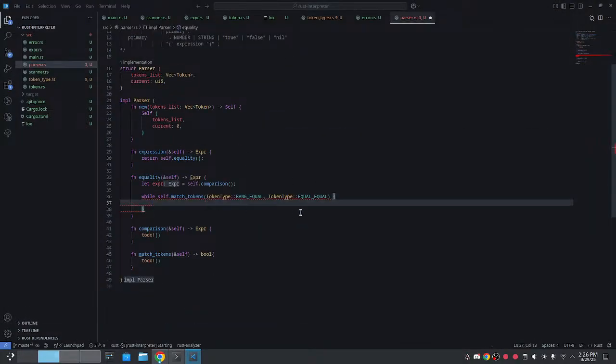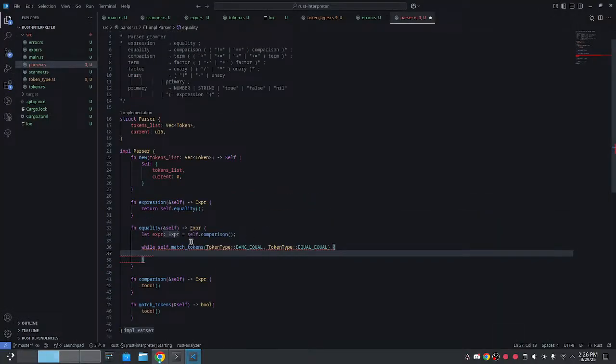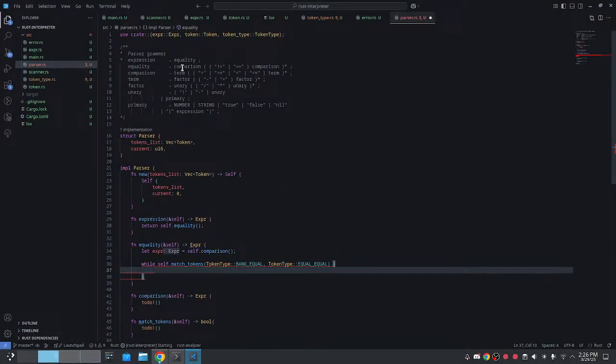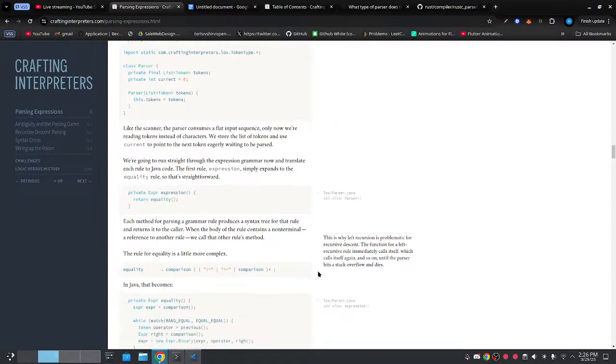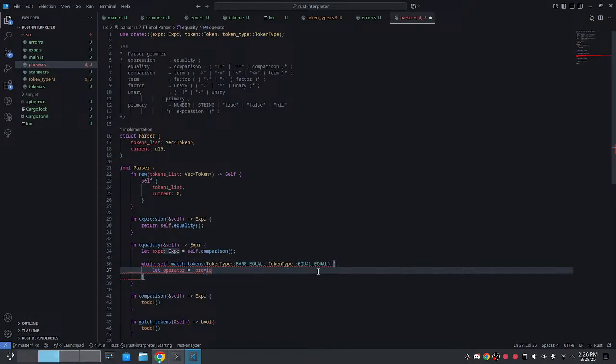Here is what we were at. So we got the expr from here. This is called, right? Then we would take the operator. Let operator equal to self dot previous.